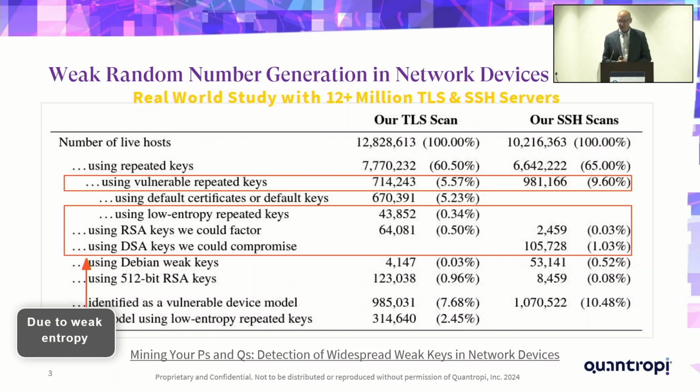Hopefully, if you reran this particular survey, and this was over 12 million TLS and SSH servers, so this is looking at network devices exposed to the internet, hopefully you'd see much fewer instances of DSA. Hopefully none, but these things happen. But again, it's starting to show you that a non-zero percentage are based on a bad random starting point.